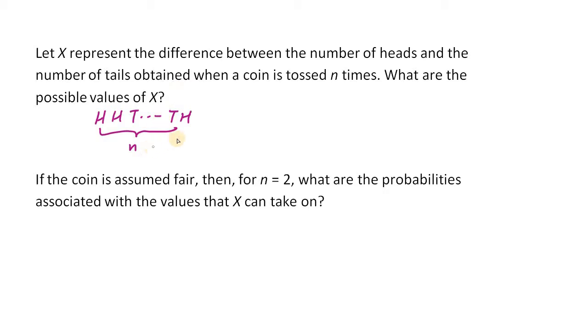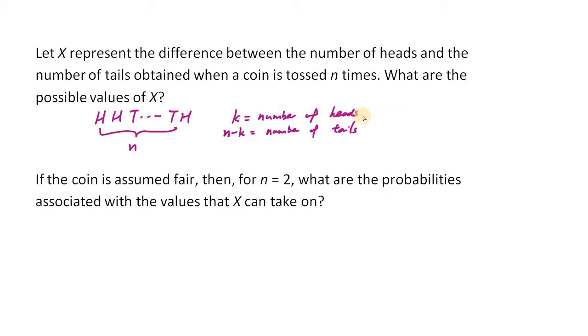So let's say the number of heads, let k be the number of heads, then n minus k would be the number of tails. So what's the range for k?